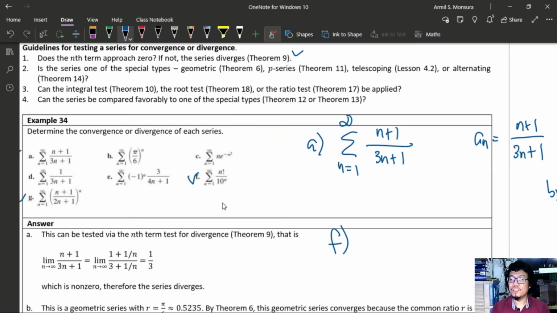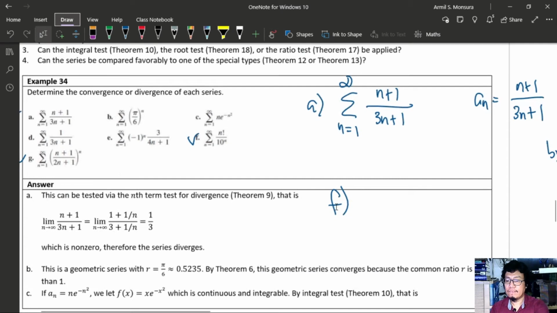So for letter F, this is the summation of n factorial over 10 raised to n, for n equals 1 up to infinity. This contains a factorial and an exponential.